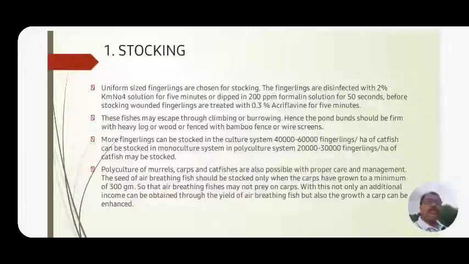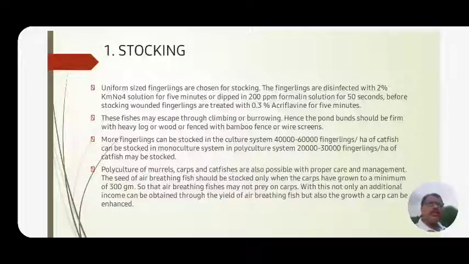Means these catfishes, these air breathing fishes, are stocked at 20,000 to 30,000 fry or fingerlings per hectare in polyculture, and 40,000 to 60,000 fry or fingerlings per hectare in monoculture system.